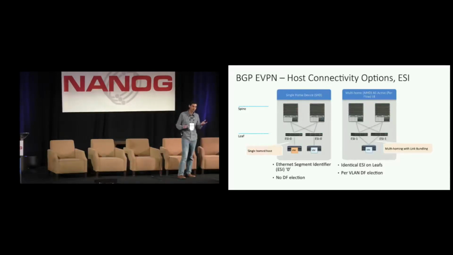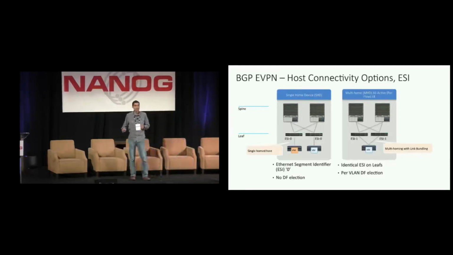When a host is multi-homed using a layer 2 link bundle such as this, each bundle link on the individual leaves that are part of that bundle's redundancy group is configured with an Ethernet segment identifier, which is a globally unique identifier and is configured symmetrically across all the leaves in that redundancy group.